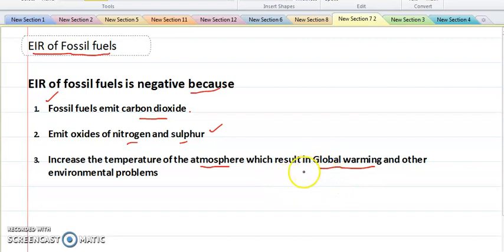We will discuss, inshallah, in our coming lessons about global warming also: what is global warming and what are the main causes of global warming. So one of the reasons for global warming is when we use fossil fuel, they increase the temperature of the atmosphere by releasing carbon dioxide and the other greenhouse gases. So it creates many environmental problems. So we can say the EIR of the fossil fuel is negative because of these three reasons.